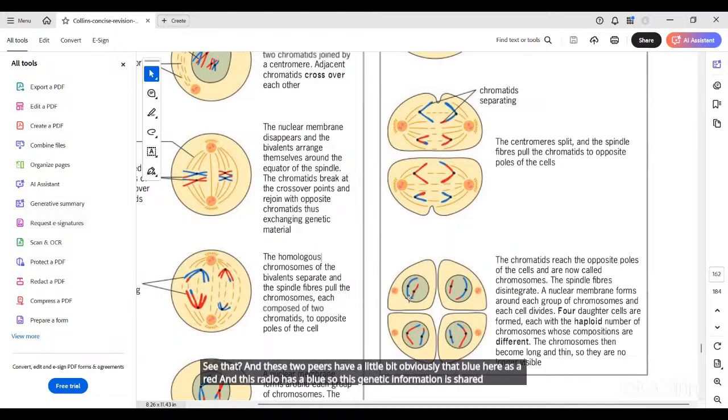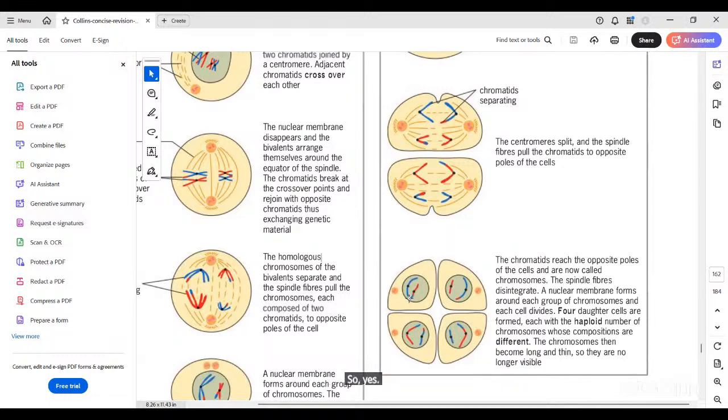Sir, you probably went over this already, but I didn't quite catch it. No problem. Why does meiosis have 2 phases? It has 2 phases because it's going to form a haploid number, and a haploid number is 4 cells.